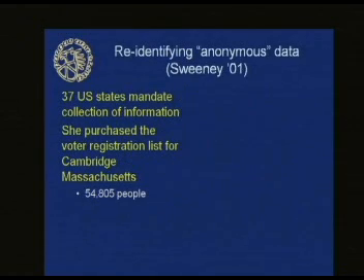An example of this, a few years back, LaTanya Sweeney did a study looking at linking public information with supposedly private, anonymized information. In this one case, she purchased the voter registration lists for Cambridge, Massachusetts.